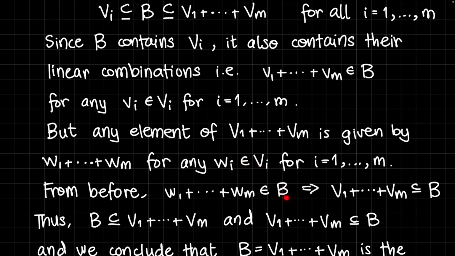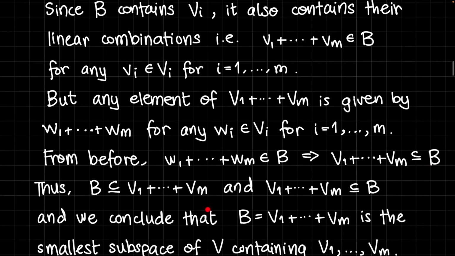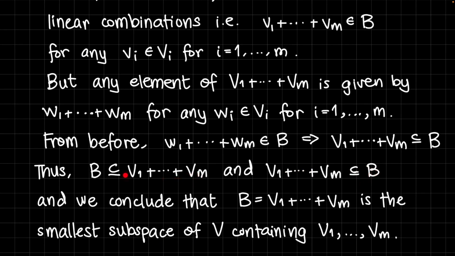So it has to be in B. What that means is any element of the subspace sum, V1 plus dot dot dot plus Vm, is a subset of B. So we have two things: B is a subset of the subspace sum, and the subspace sum is a subset of B. So both of these have to be true, and therefore B equals V1 plus dot dot dot plus Vm.